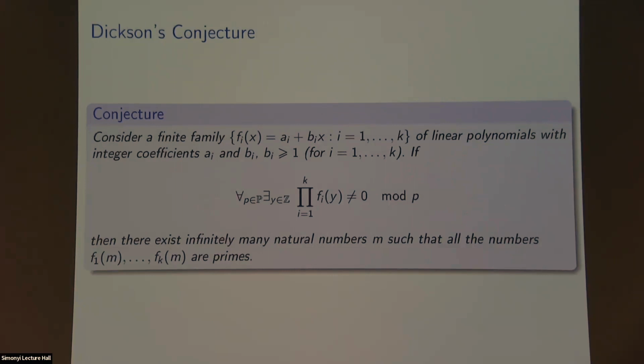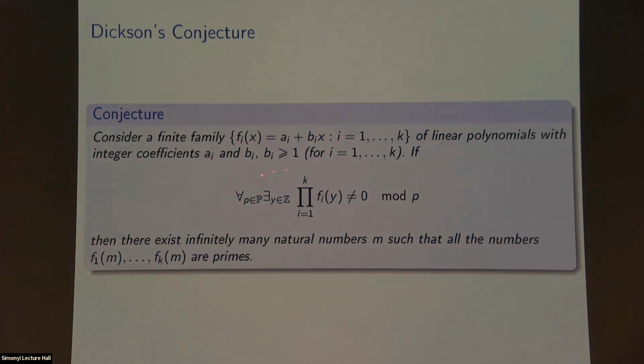Dixon's conjecture can be expressed in terms of a family of linear polynomials with integral coefficients, and it asserts that when you have a finite family of such polynomials and you assume something like this, then this family is prime producing in the sense above.